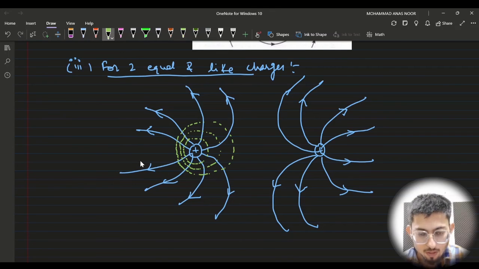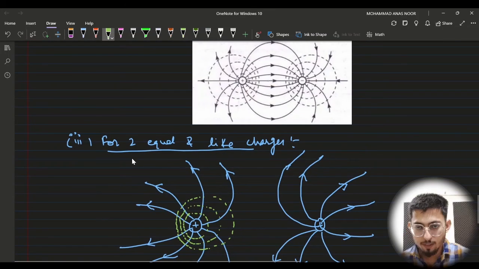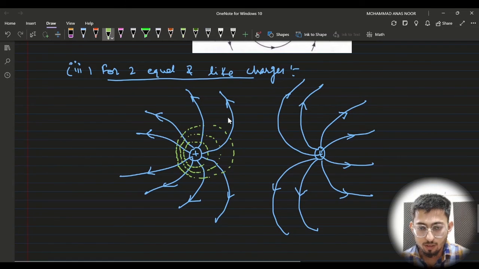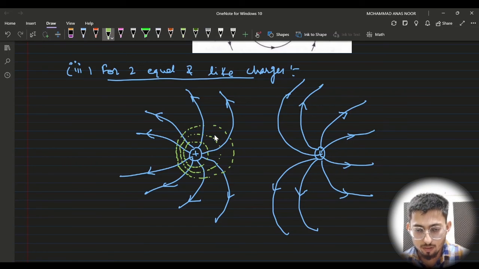As you can see the difference between the two. Here inside, the equipotential surfaces were close together because the electric field was strong inside the region. Here it's the opposite case. Here it would be farther away. Inside, the electric field is lesser, the magnitude is less, so the equipotential surfaces are far apart. But outside the electric field is higher, and hence these are close together.